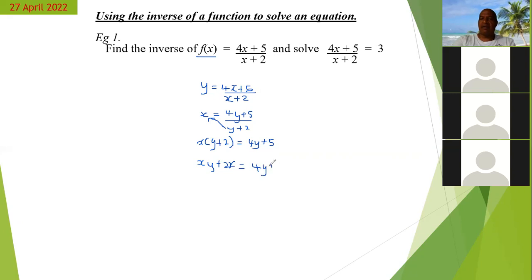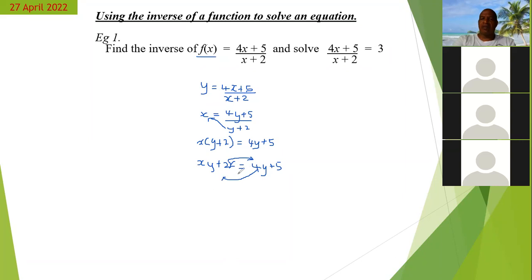plus 5. All right, so our next step now is to bring all the y's on one side and all the x's on the other. Put it this way, we bring all the y's on the left-hand side. So this 2x will go on the right-hand side, and 4y will come on the left-hand side.